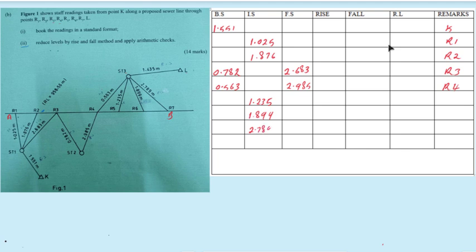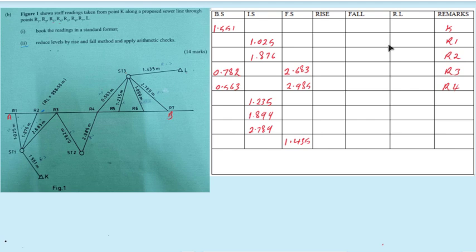When we set the instrument at station number 3, we had a back site of 0.563. The last reading is always a foresight, and we have a foresight of 1.435.